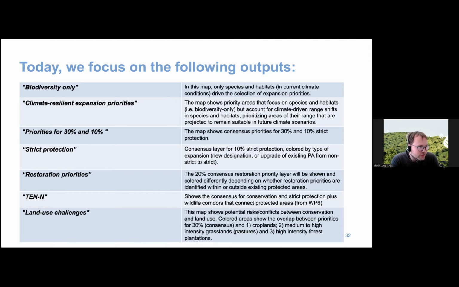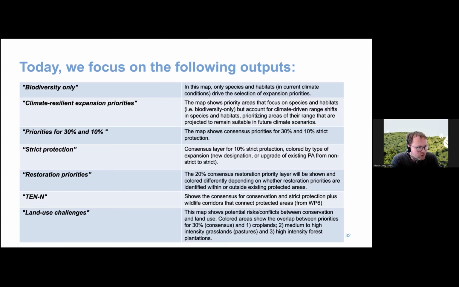Then there are two additional optional maps that, if we have time in the breakout groups, we can also go through. One is showing the overall TEN-N. This shows not only the protection priorities, but also the corridors between them, connecting these protected areas across green infrastructure.